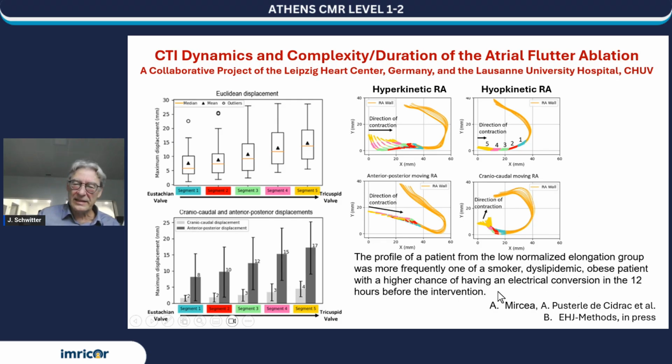And interestingly, we found this correlation, which can have an impact on the motion of the isthmus, but we did not find a correlation between the motion of the isthmus and the duration of the procedure. So obviously, the extent of motion here is not a major factor that influences the complexity or duration of the flutter ablation procedure.